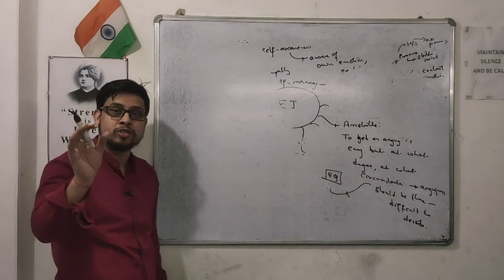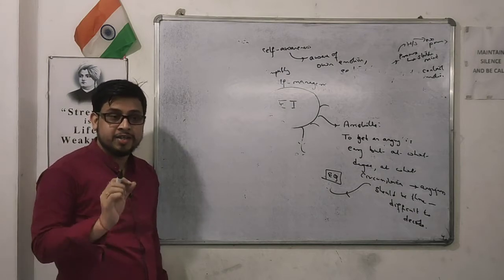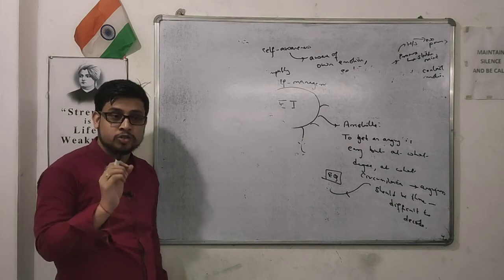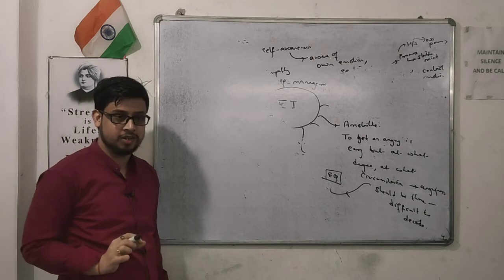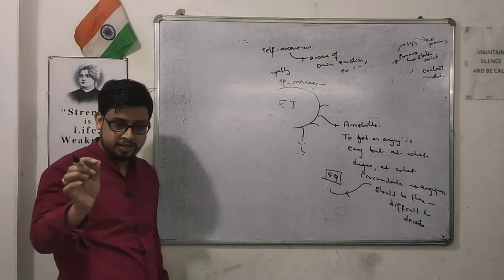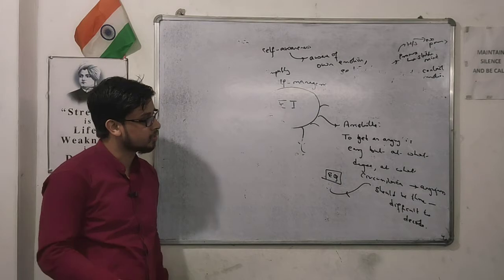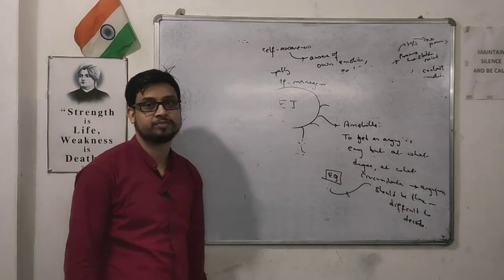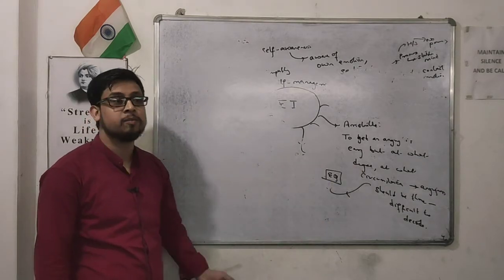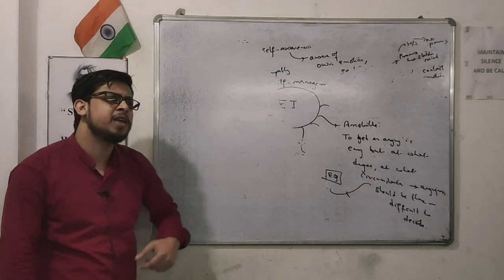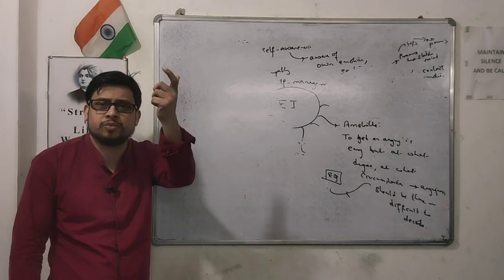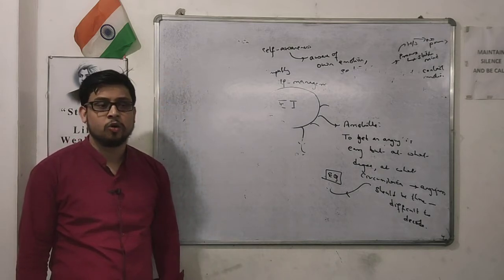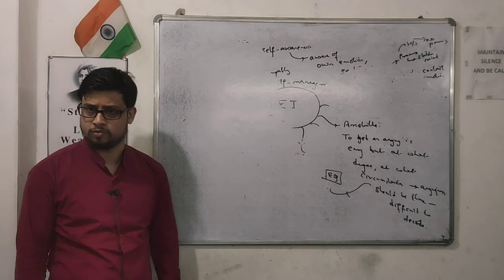It is very easy to scold any student, but it is very difficult to scold a student on the basis of certain circumstances, certain time, or certain degree. Correct? Sometimes we react very actively even on a smaller issue. So what should be the proper justification? What should be the proper emotion?